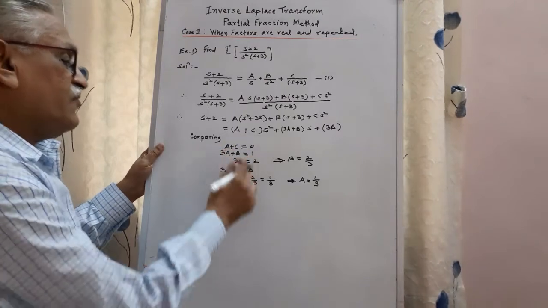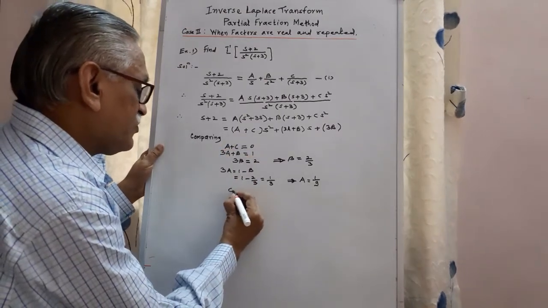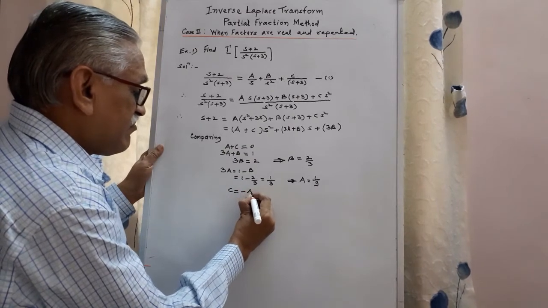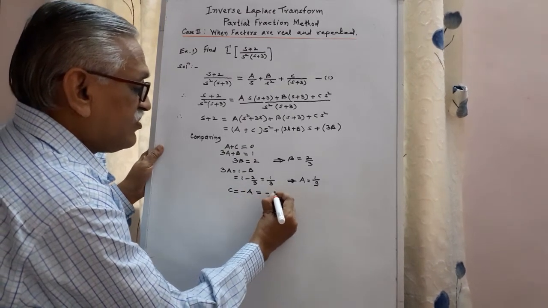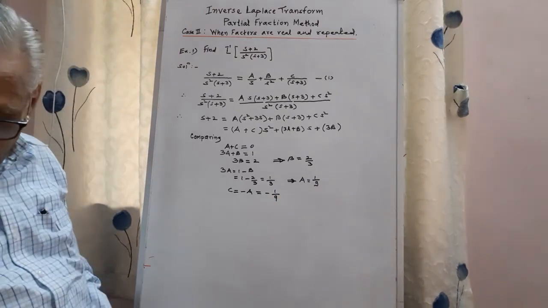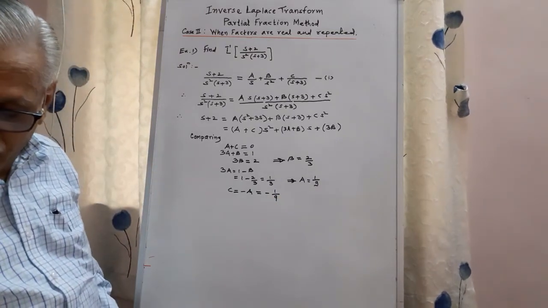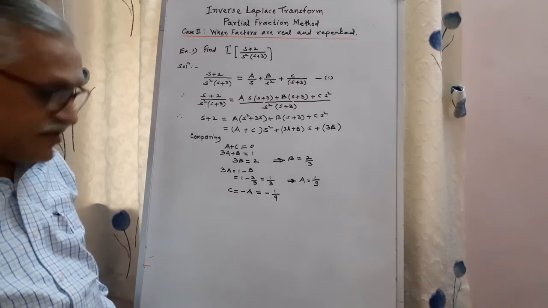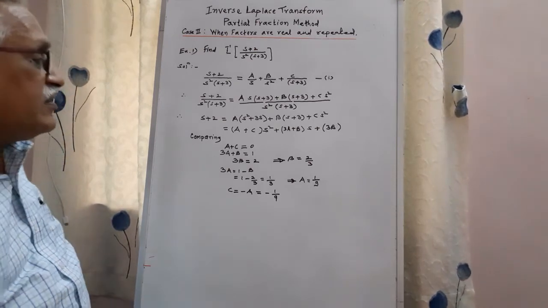And from this we first get C equals minus A, and that is minus 1/9. Therefore the values are B as 2/3, A as 1/9, and C as minus 1/9.